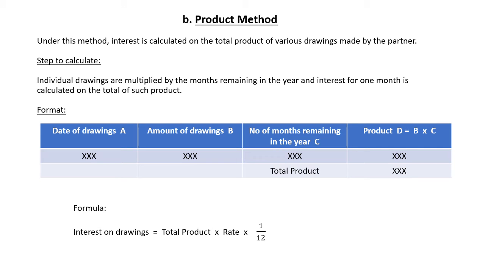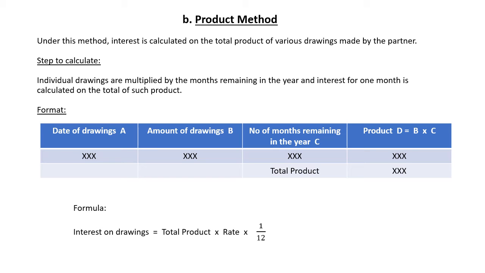Product method. Under this method, interest is calculated on the total product of various drawings made by the partner. We have the steps to calculate total product. Individual drawings are multiplied by the months remaining in the year and interest for 1 month is calculated as interest on drawings. See the format.